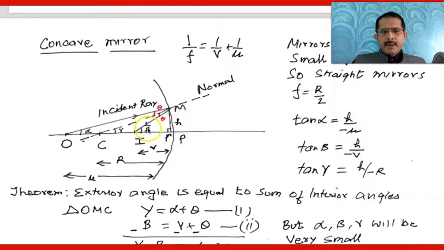Number two, remember, if I take the triangle OMC, let me show you here, O, M and C, this triangle. Now in this triangle, and we have studied earlier in the junior classes, that exterior angle is equal to the sum of interior angles, right? So that means gamma is equal to alpha plus theta, and that's what I've written here.